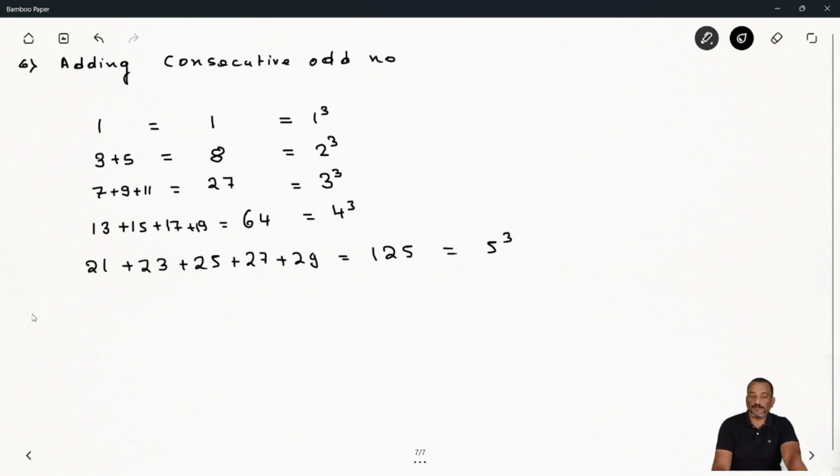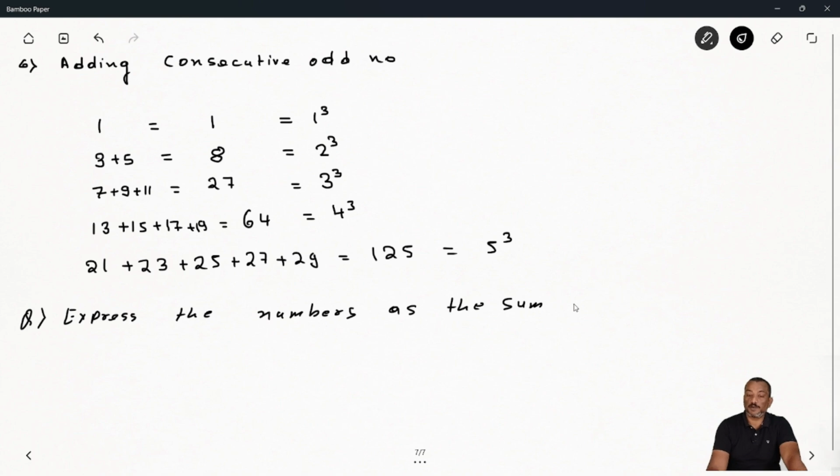So if I say you will get a question, the question is: express the numbers as the sum of odd numbers.